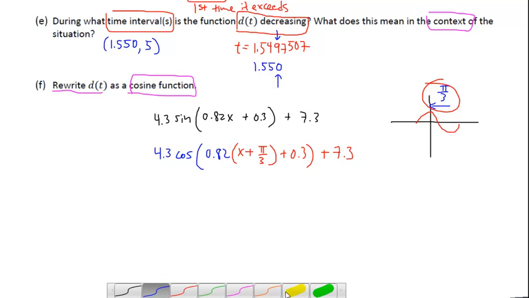So notice the only change I made was this, and that came from over here. If I want to just transform sine to cosine by a little bit, it doesn't take much of a change.